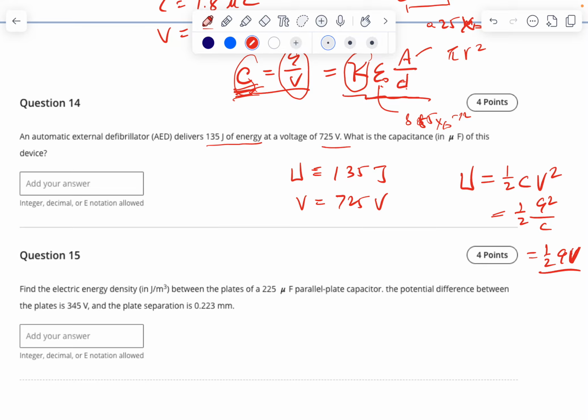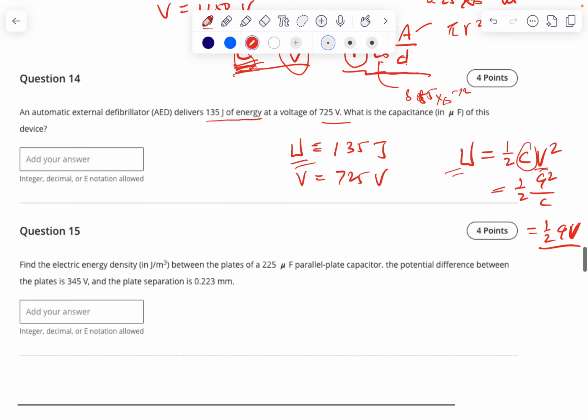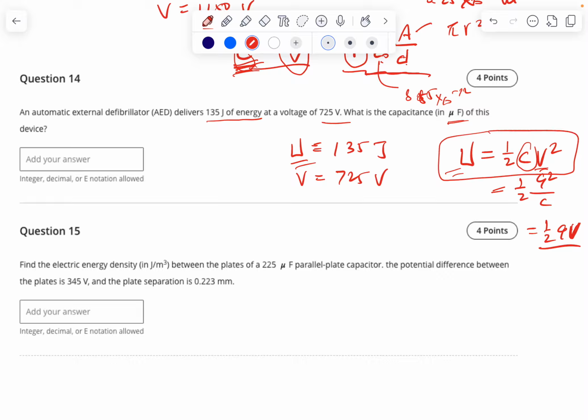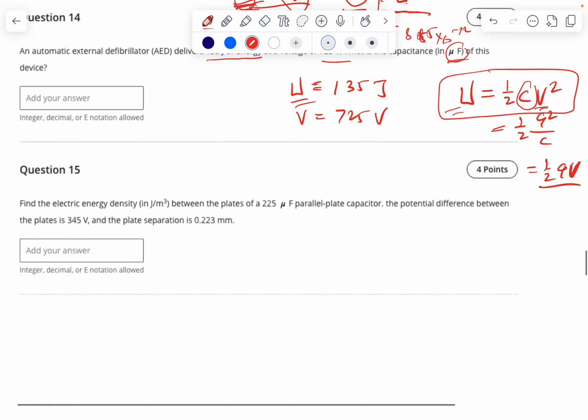We know voltage. We know energy. Looking for capacitance, and also remember capacitance in microfarad. Whatever you get from this equation, then you're looking for microfarad.